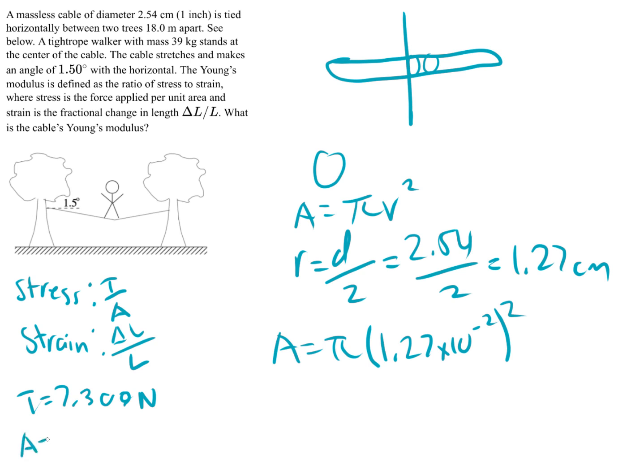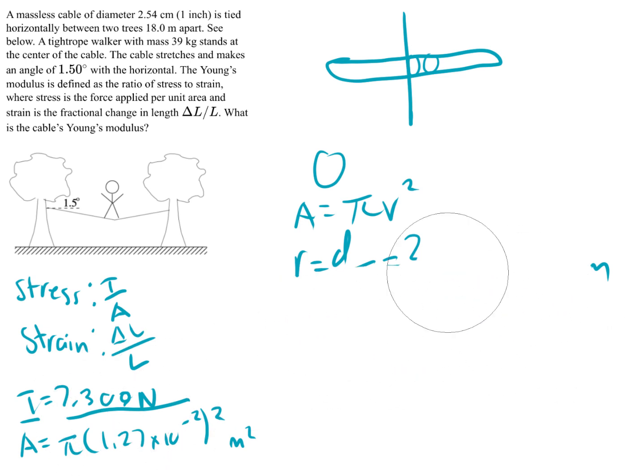So area is equal to pi times 1.27 times 10 to the negative 2 power squared, square meters. So the tension divided by the area is simply this over this. 7,300 newtons over what we just calculated.